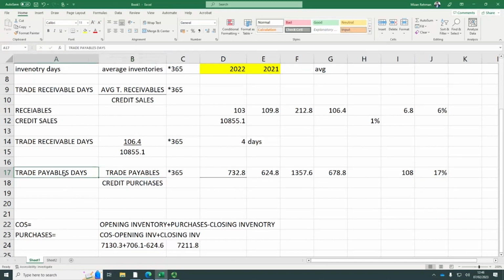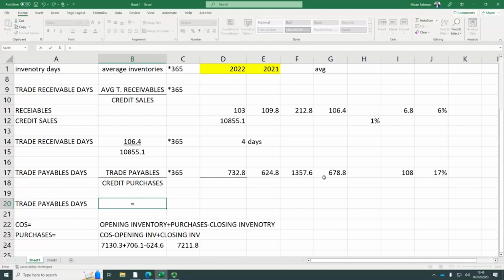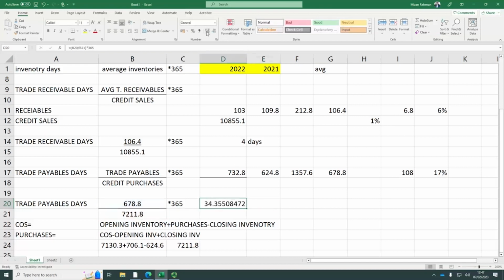And if we calculate our ratio, $678.8 divided by credit purchases, times 365, 34 days again.